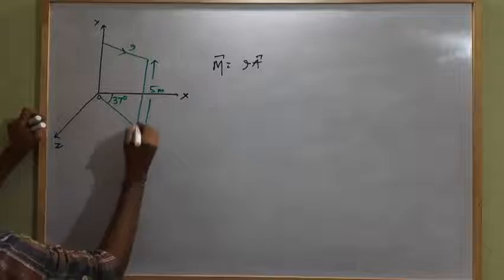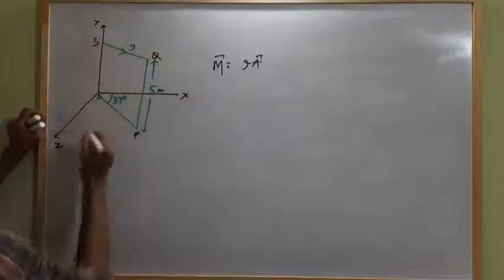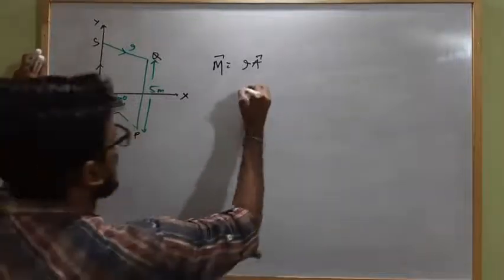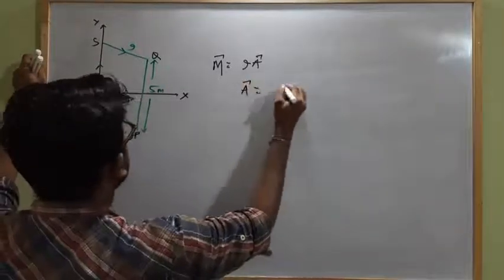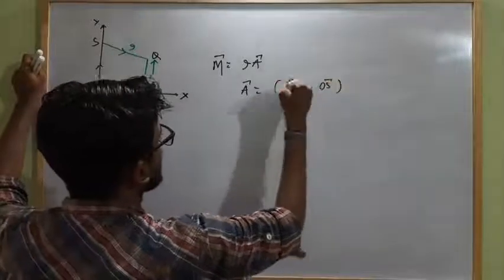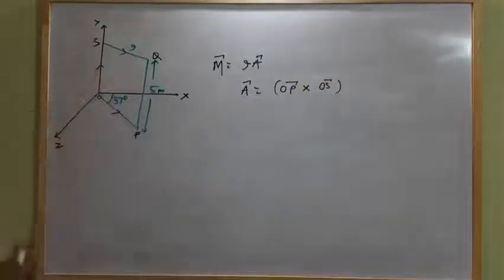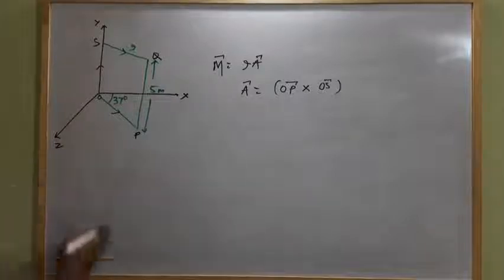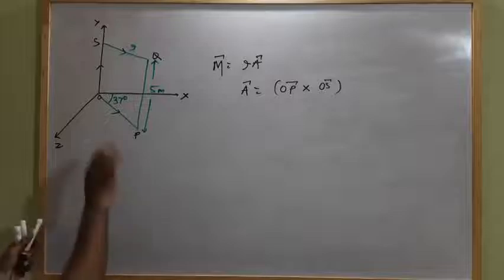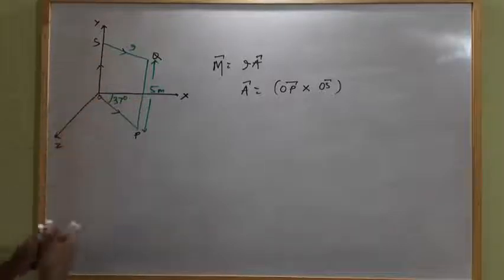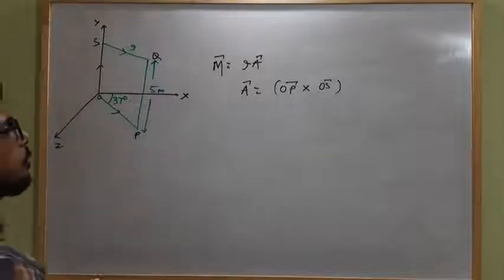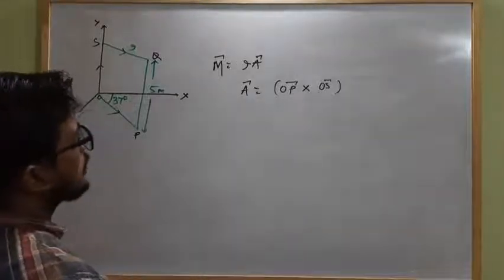If this is P, Q, S, then the area vector A will be OP vector cross OS vector. Or we can also write OS vector cross OP vector, as this is open, you can take along both sides. So OP vector cross OS vector will be the area vector.